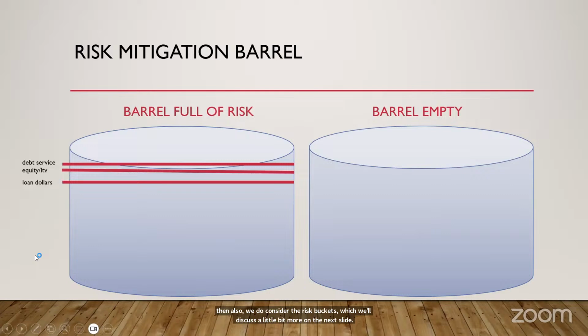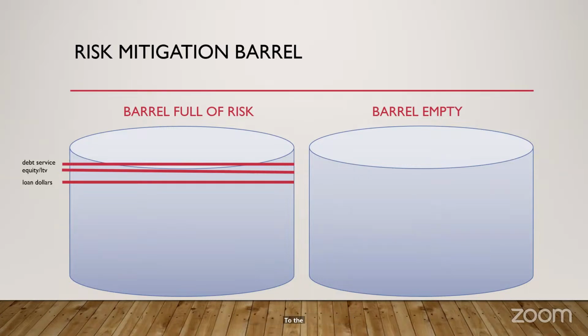So reviewing this is our risk mitigation barrel. On the first side where it says barrel full of risk, you can see that everything's a little tight. So the loan dollars are high, the equity to LTV is pretty low comparative to the amount of the loan dollars.